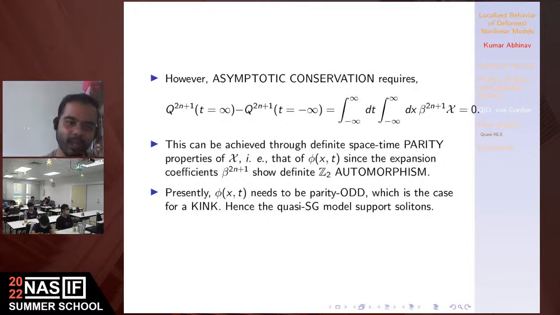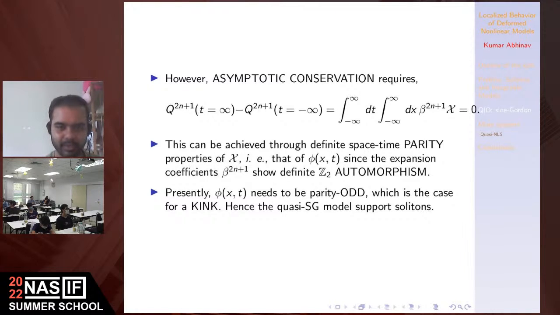So you have to do one more time integral of this system, because the expression was for dq dt. You take a time integration from minus infinity to infinity, and it will give you q at t infinity minus q at t minus infinity, the difference between them, and that should vanish.